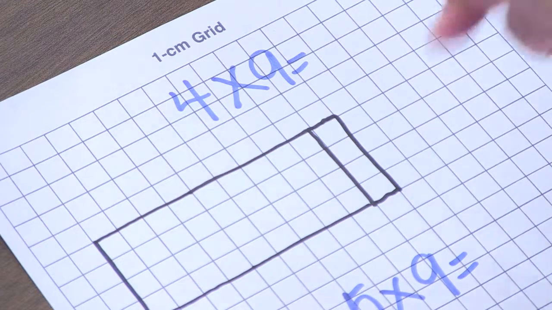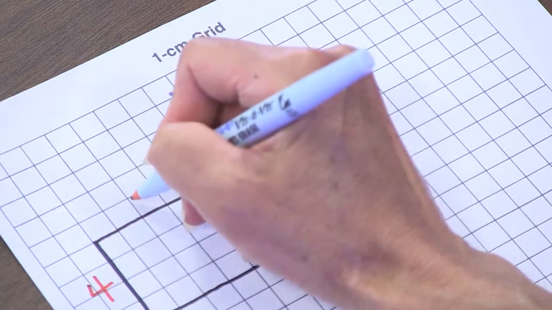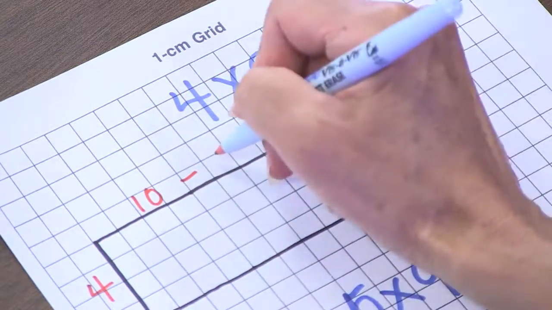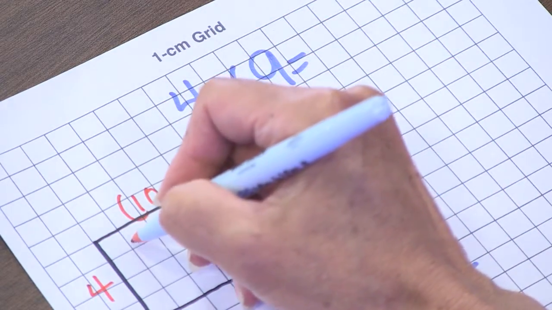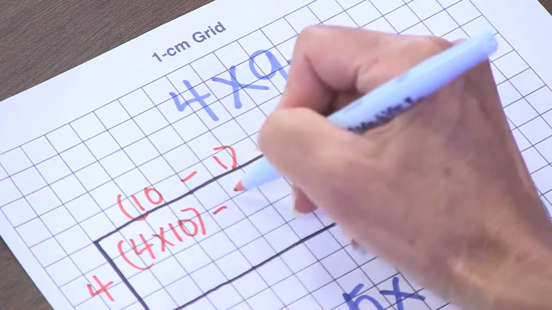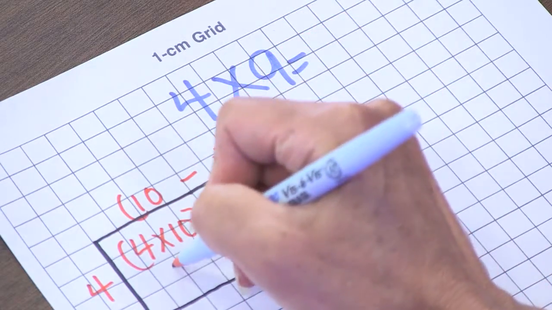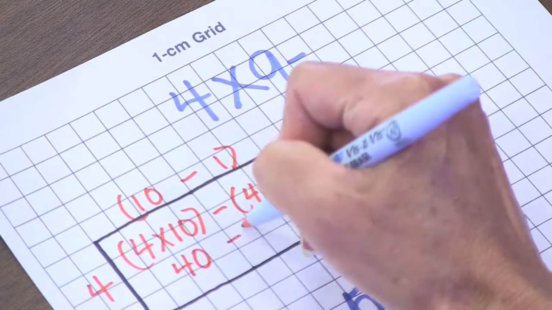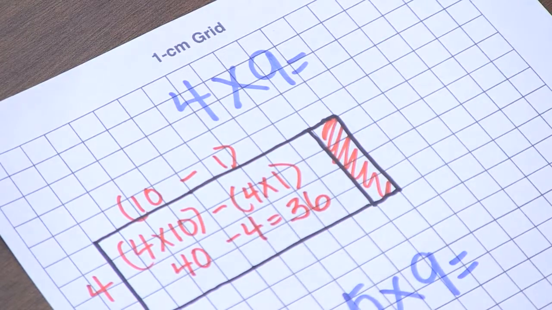Now, 4 times 9 becomes 4 times 10 minus 1. We use our distributive property, 4 times 10 minus 4 times 1, which equals 40 minus 4, which again equals 36.